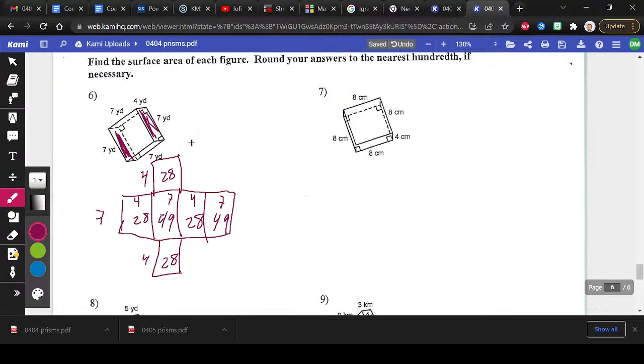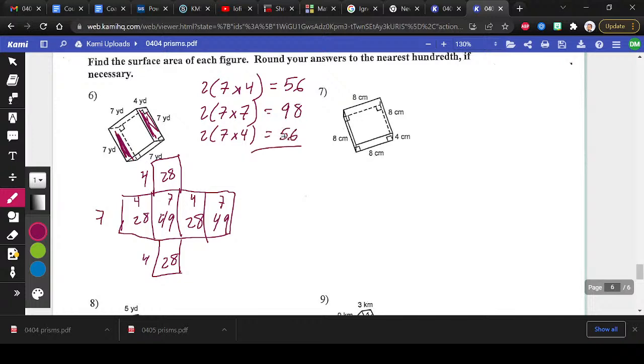Now if you don't want to do a new way, just to show you again, we could do the old way of 7 times 4, and then 2 times 7 times 7, and then 2 times 7 times 4. So this will be 56, this will be 98, and this will be 56. You add them together, 56 plus 98 plus 56 gives us 210.